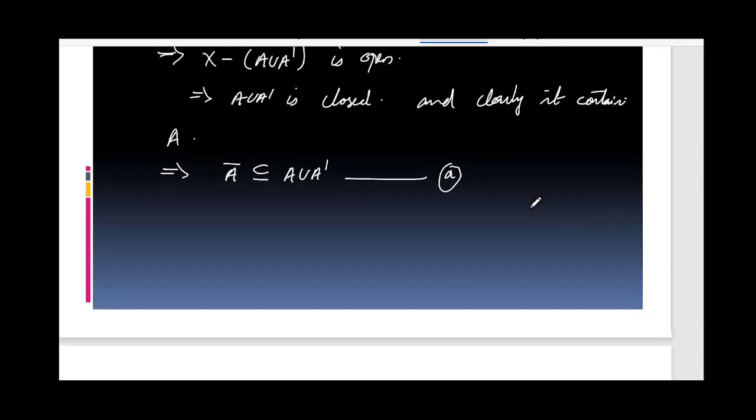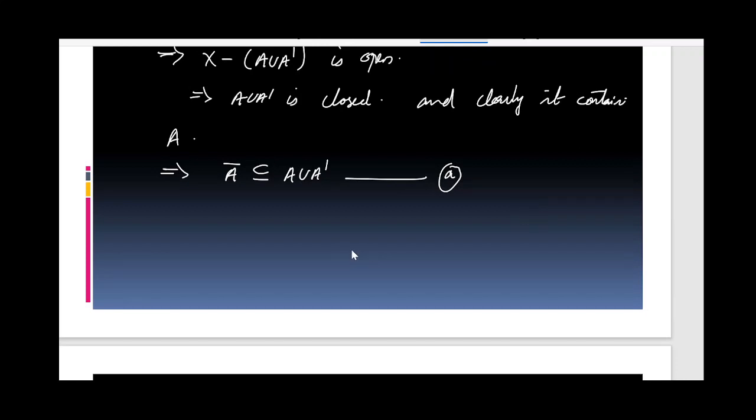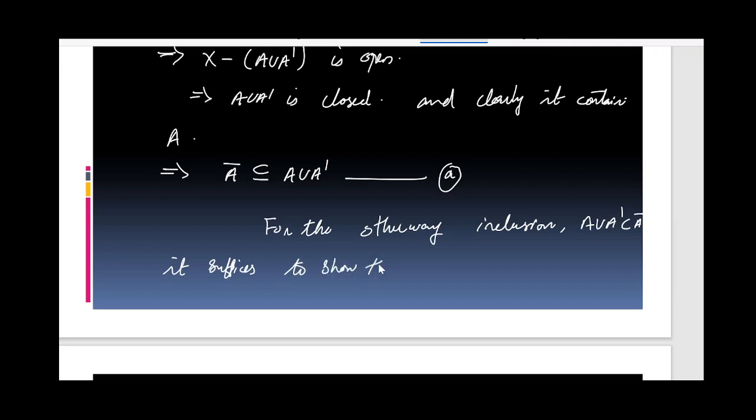What should we do next? We want to get the other way inclusion, namely, we want to prove A union A dash is contained in A closure. It suffices to show that A dash is contained in A closure.